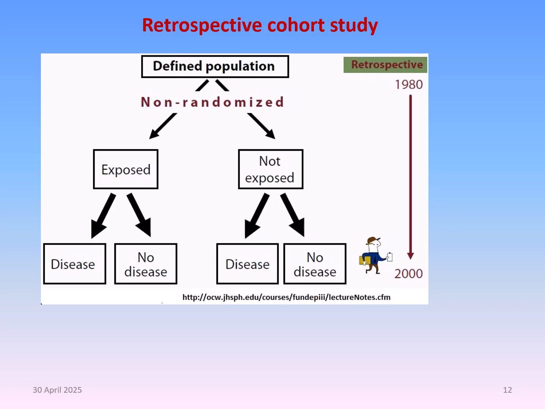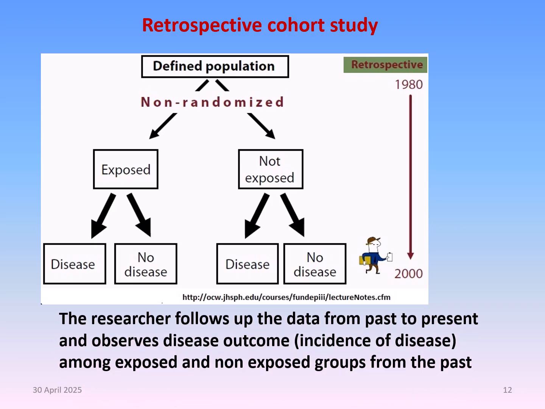And observe how many of those exposed to that risk factor developed the disease actually. How many of those not exposed to the risk factor developed the disease actually in the past. That is a framework of a retrospective cohort study.